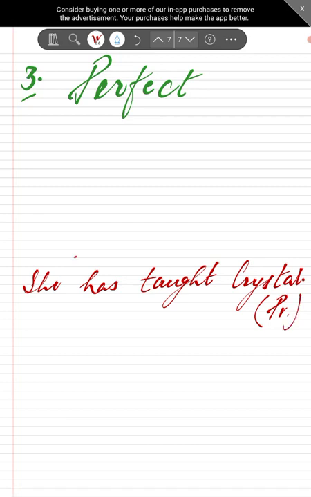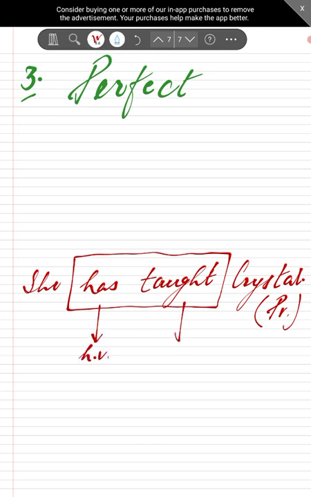Now we have to change its time, and we know very well, if we wish to change time, we need to change helping verb, because helping verb is directly connected with time. Helping verb is directly connected with time, and main verb is directly connected with tense.